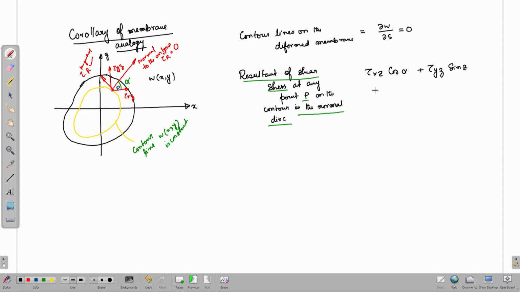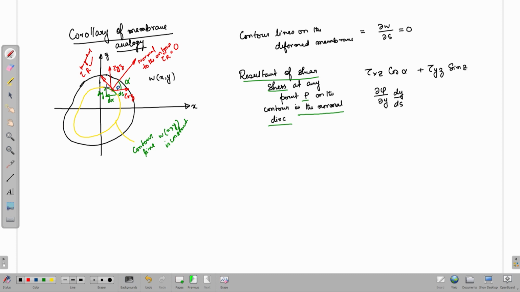From the Prandtl stress function, tau x z is del phi by del y. Now, cos alpha is going to be dx dy and this is ds. Therefore, cos alpha can be written as dy by ds from geometry.